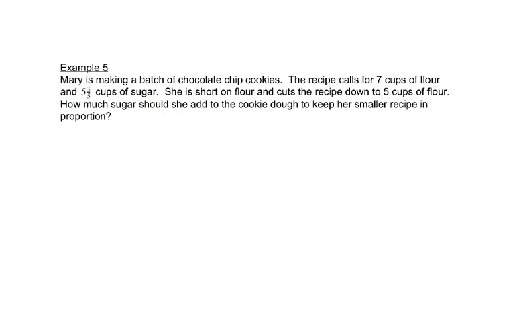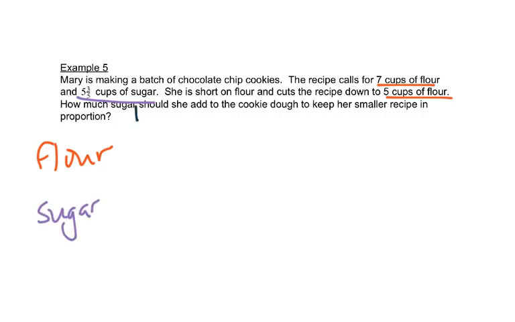Mary is baking a batch of chocolate chip cookies. The recipe calls for 7 cups of flour and 5 3/5 cups of sugar. She is short on flour and cuts the recipe down to 5 cups of flour. How much sugar should she add to keep the cookie dough in her smaller recipe in proportion? So we have a couple of things here. We have flour and we have sugar.